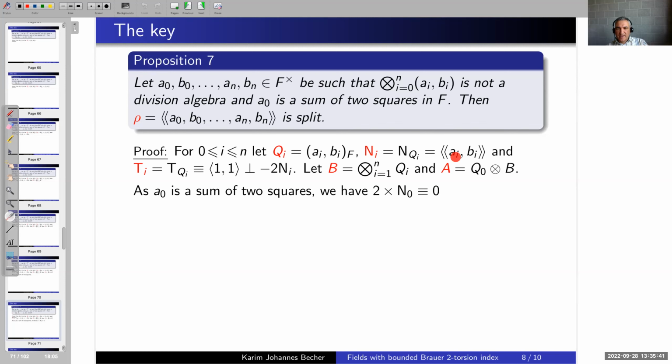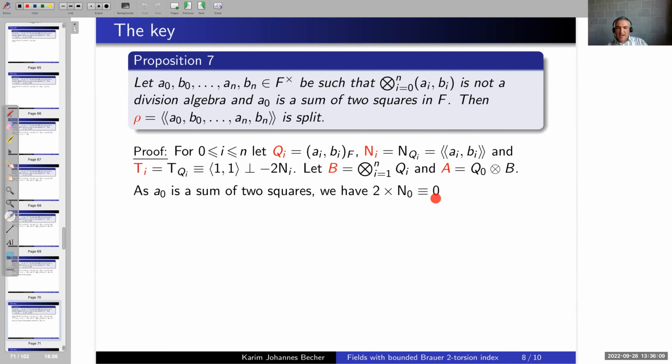If I multiply, now really multiply, orthogonally, like I write this form twice, then since A0 is a sum of 2 squares, this will get hyperbolic. You just need to look at this one-fold Pfister form here. Since A is a sum of 2 squares, doubling it will get a hyperbolic form.